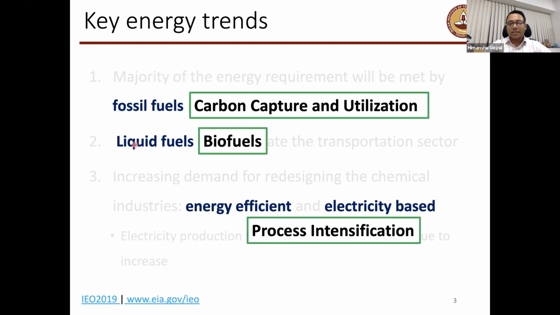Second, we need energy dense liquid fuels for the transportation sector that we can get from biomass. Biomass is a renewable source of carbon, and we can convert it into high energy density liquids as well as some other chemicals too. And the third need is more energy efficient processes as well as electrification of chemical processes. These fall under the umbrella of process intensification.